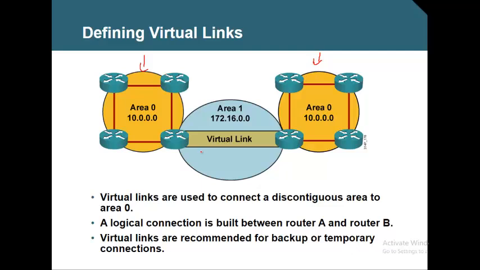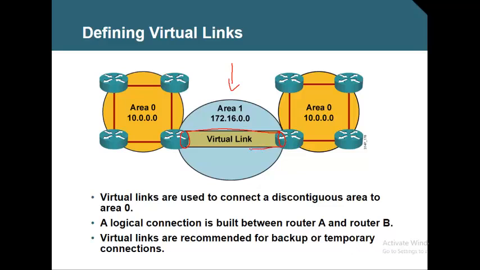So they want to combine these two by putting a virtual connection, because they don't have a port to connect physically. They don't have a port, or they don't have a wire. So they want to make use of the existing area in the middle to create a pseudo wire, a dummy, a virtual wire.